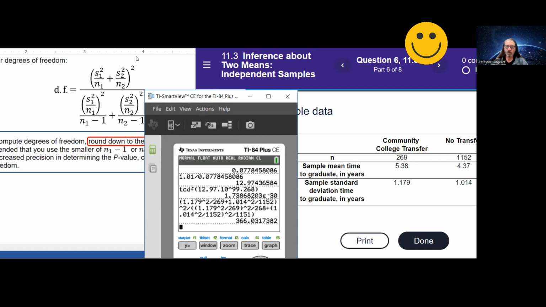So we're getting something much higher. Round that down to 366.